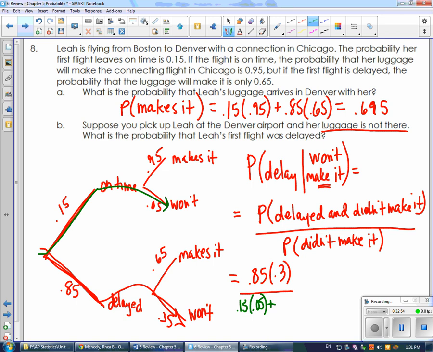Or it could have been delayed and the luggage didn't make it, so that would be 0.85 times 0.35. Okay, and that I think is 0.975. So most of the time, if her luggage isn't there, it is because her flight was delayed on that first leg.